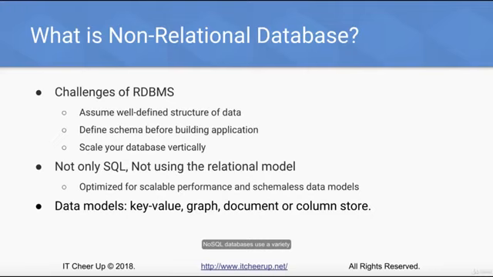NoSQL databases use a variety of data models, including column, document, graph, and in-memory key-value stores. In conclusion, there are three features that differentiate a NoSQL from a relational database: schema-free, free of joins, and support for linear scalability.